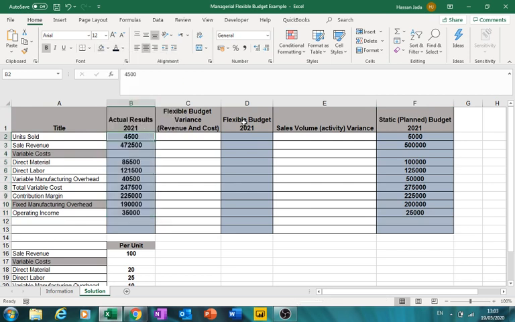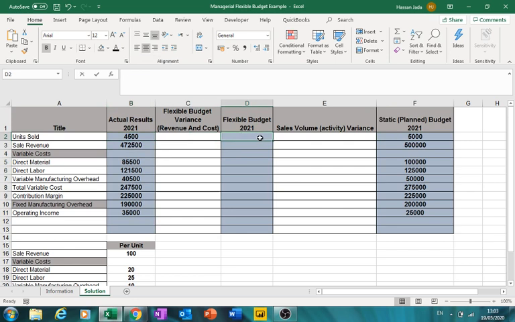We anticipated to sell 5,000, but we actually sold 4,500, and the actual revenues and costs are as follows. We want to prepare the flexible budget here. The flexible budget we prepare according to actual activity from the actual results.